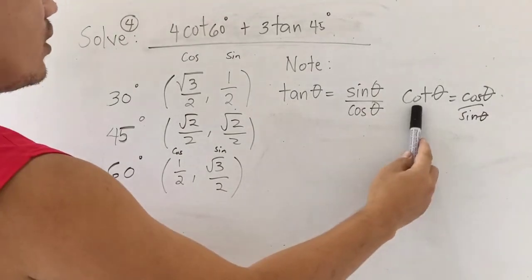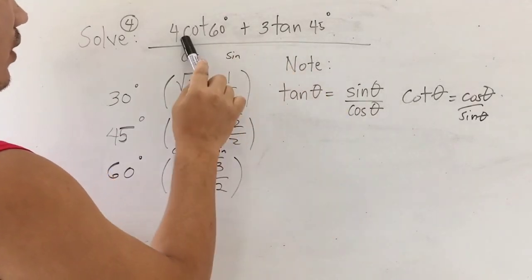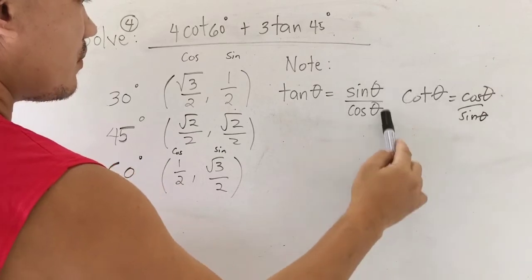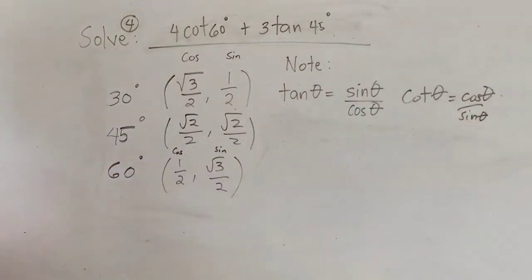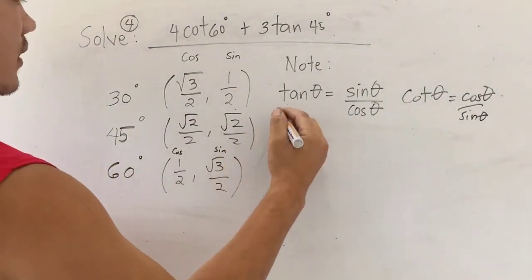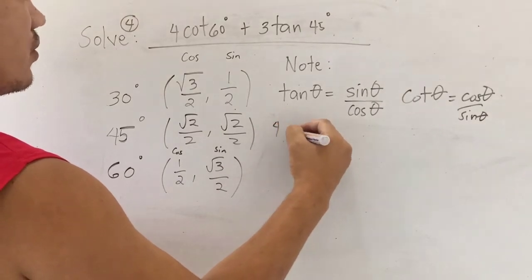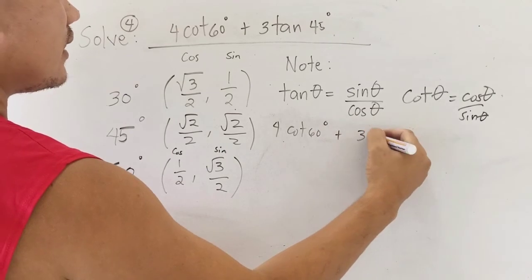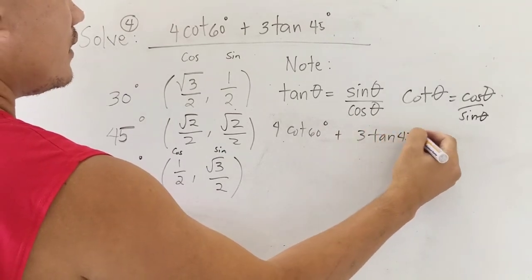Sa ating cotangent value naman, i-divide natin ang cosine sa sine, yung reciprocal ng tangent. Okay, now let's start to answer our given: 4 times cotangent 60 degrees plus 3 tangent 45 degrees.